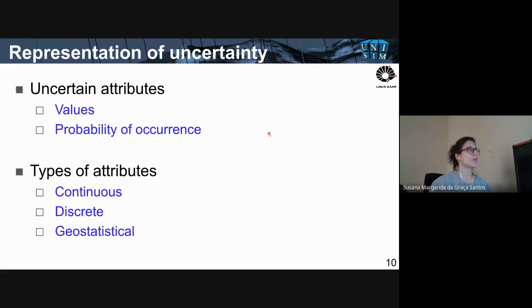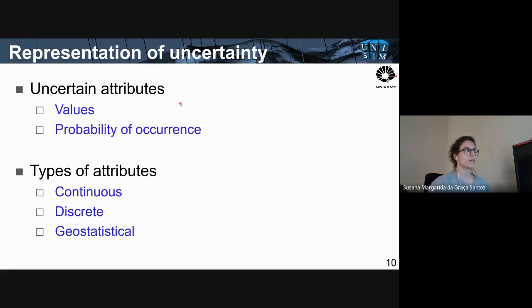We know that they exist, but how can we represent them in our problem? And this is a very simple basic concept on statistics that I'll bring here today. It's not really our focus, but we need to understand how we can represent them. So we use what we call uncertain attributes, which is different from decision variables.